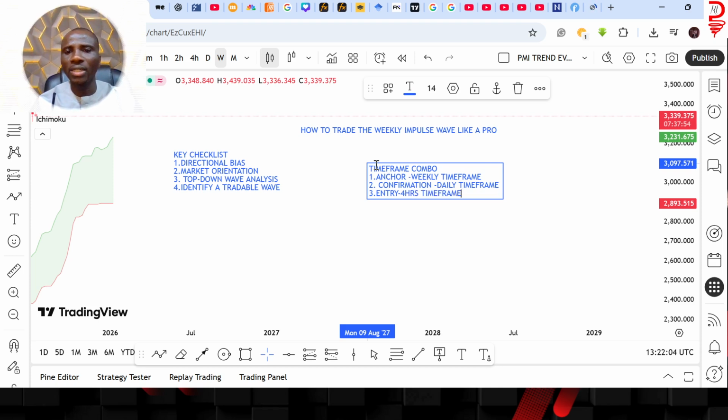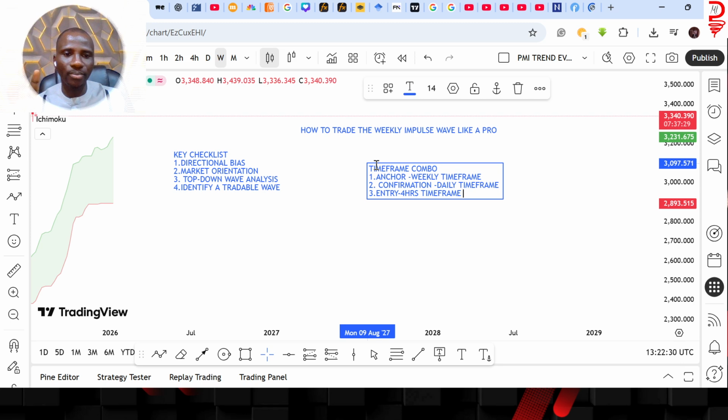So if you want to trade the weekly impulse wave using the methodology of Potential Miners, the PMI Global Macro Trading System that we have launched, you want to take cognizance of each of these time frames. On your weekly chart, that is where you identify the tradable wave.